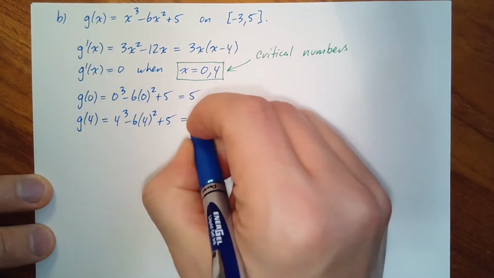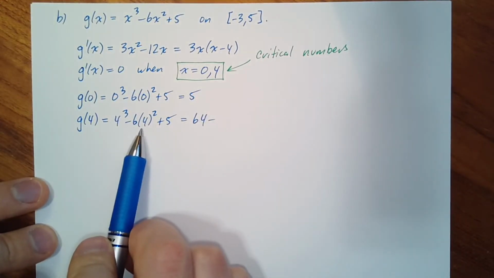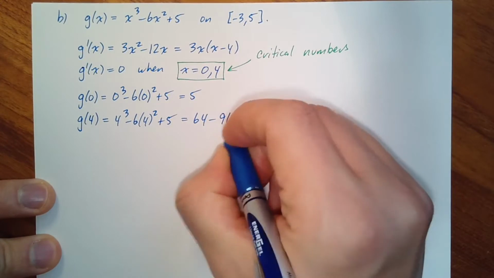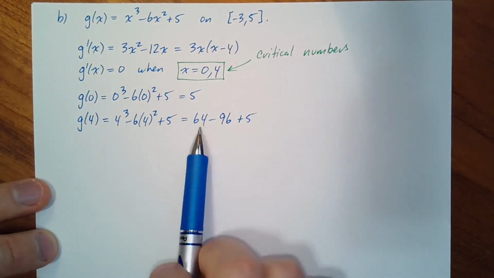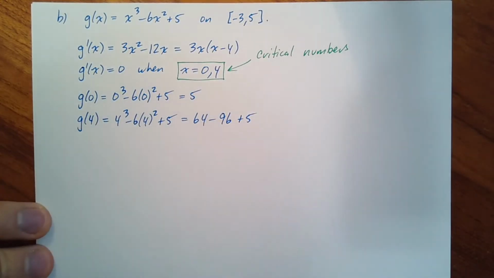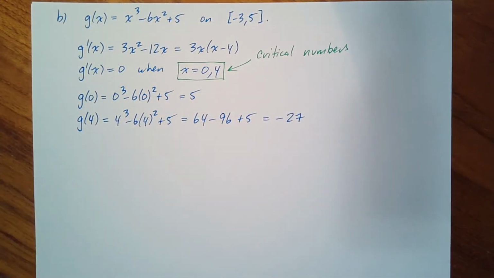So that will be 64 minus 6 times 4 squared. 4 squared is 16, so 6 times 16 ends up being 96. So you've got 64 minus 96 plus 5, and 64 minus 96 is negative 32. Then when you add 5, you'll get negative 27. So that's the value that corresponds to 4.